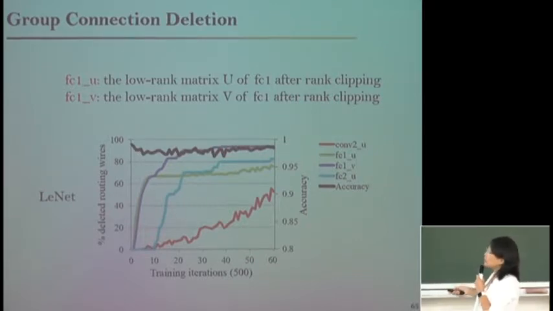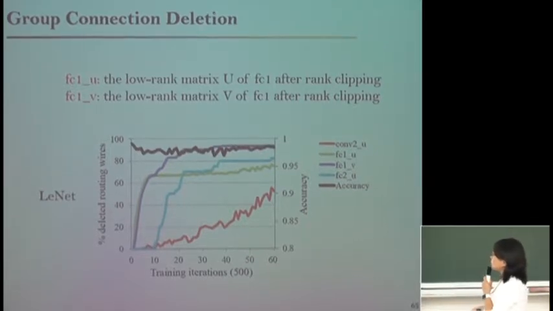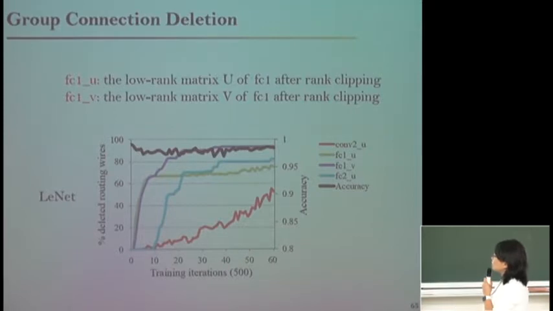So here are our results. Again, the x-axis is training iterations. This is the result for LeNet. And the y-axis is the accuracy and also the deleted routing wires.